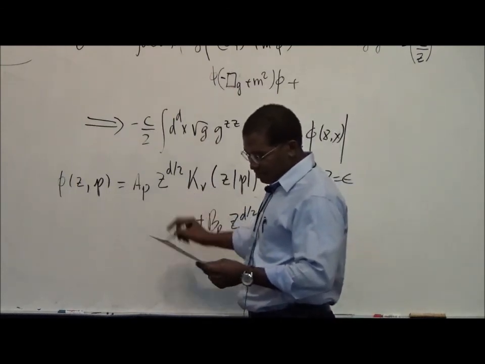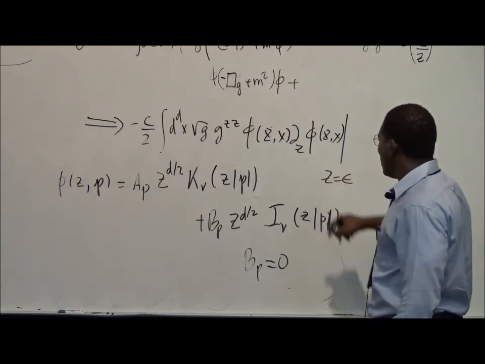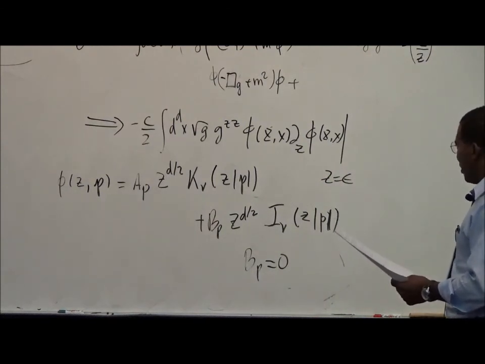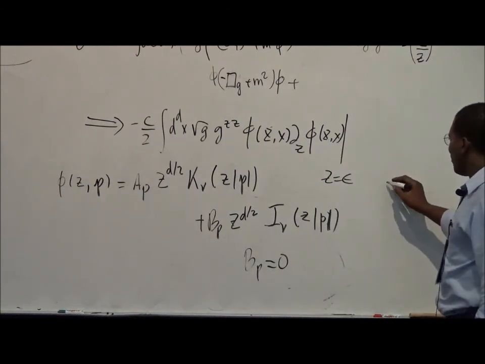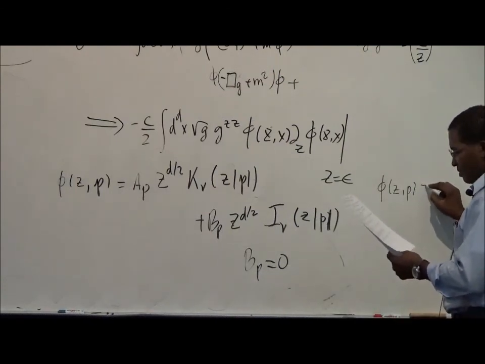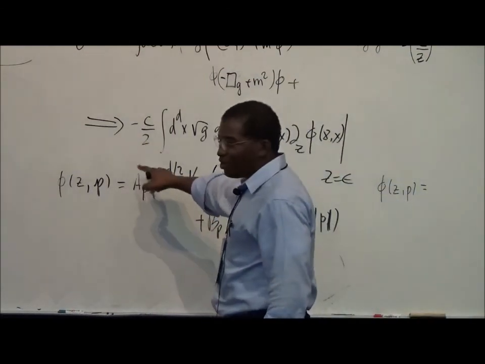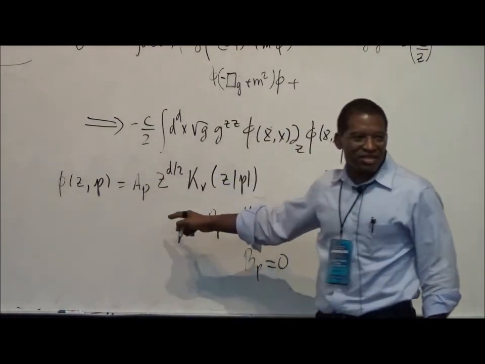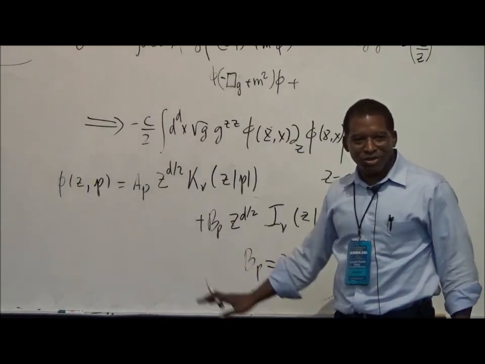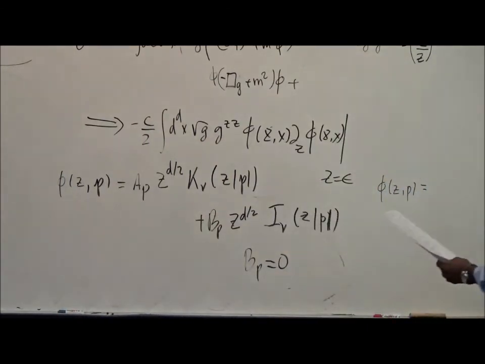So here's my solution. What I said about having to deal carefully with this piece means that I'm going to normalize it the following way, so that I don't deal with some of these divergences. Clearly this A_p is going to be related to the source. I use phi_0 somewhere, but it's essentially this piece.